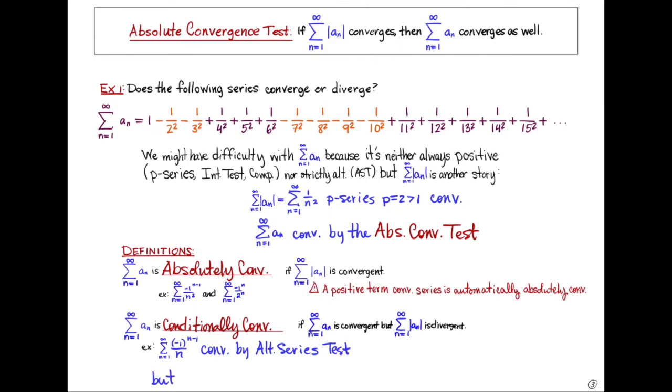But if we looked at the sum of the absolute value of the terms, then this series is equal to the harmonic series, the sum of 1 over n, which we know diverges. And so again, the alternating harmonic series is conditionally convergent.